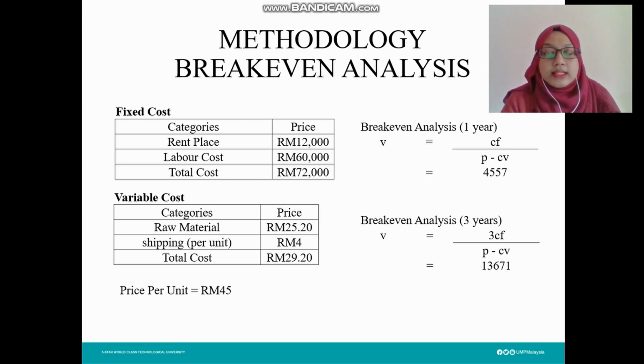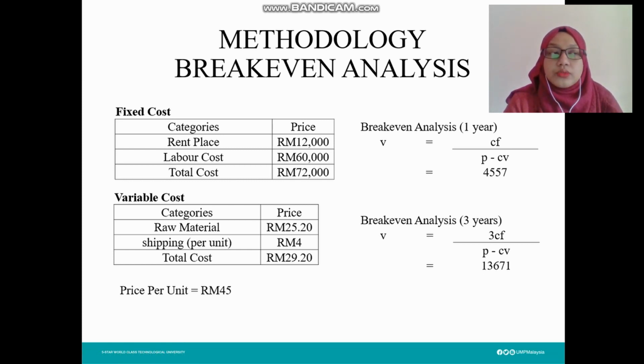To calculate the break-even analysis, we just need to divide the fixed cost by the price per unit minus the variable cost. As you can see here, the break-even for 1 year is 4,557 units.